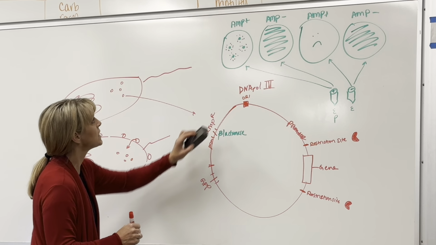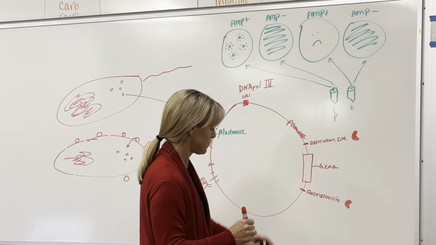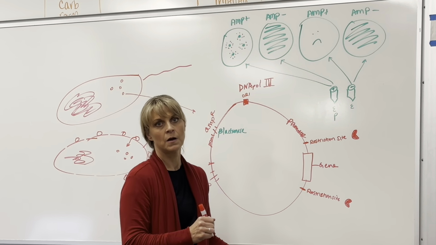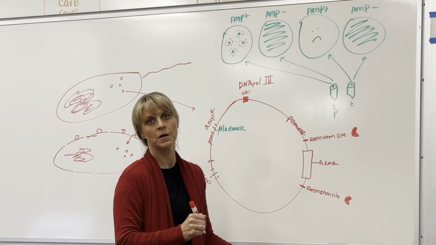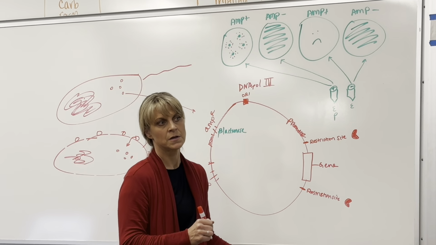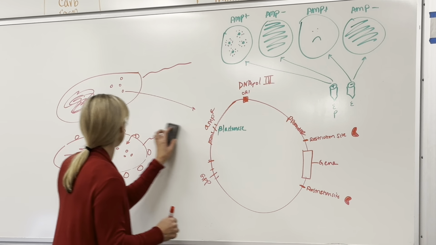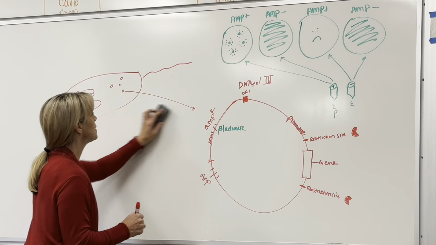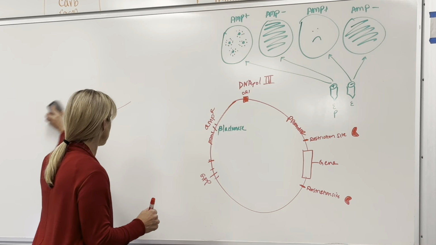So what we did, on this plate. It's not whether or not the plasmid takes it in, it's whether or not the bacteria takes in the plasmid. I think, is that what you're asking? Yeah, so some bacteria, let me draw it better.